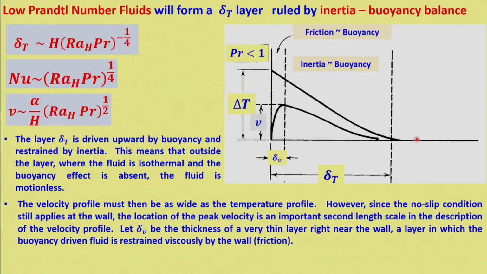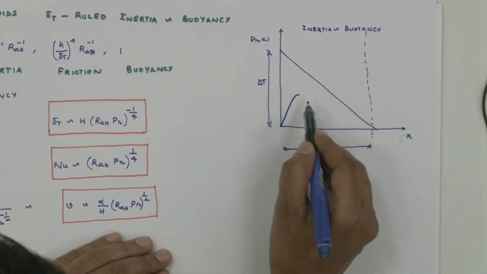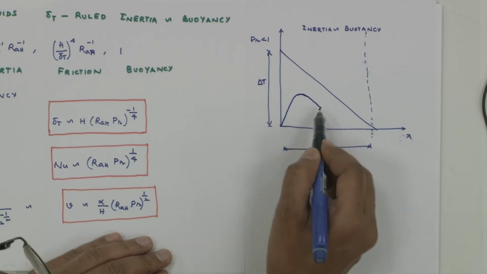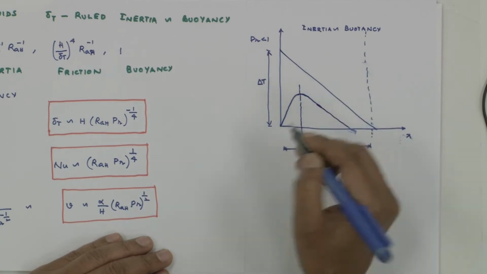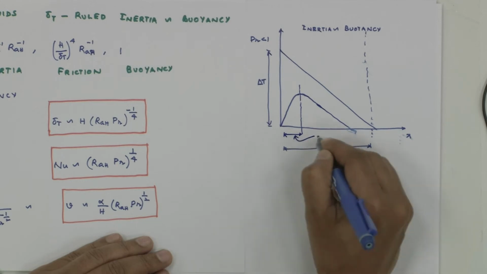However, since the no slip condition still applies at the wall, there is a location of the peak velocity. That means there is a velocity which it will pick up and then it will reduce to 0 within delta t. So this location of the peak velocity, let us call that delta v.